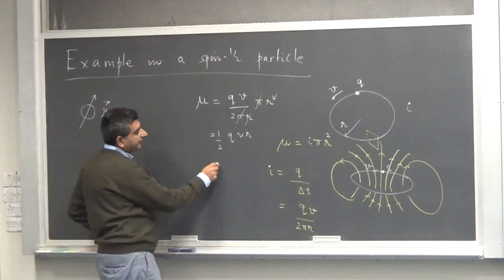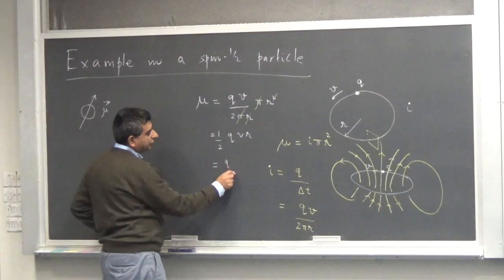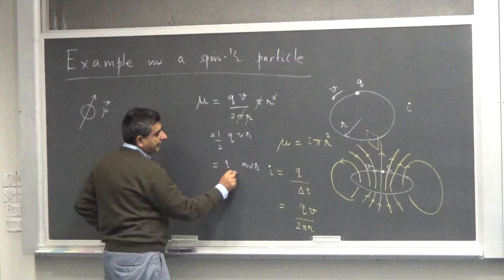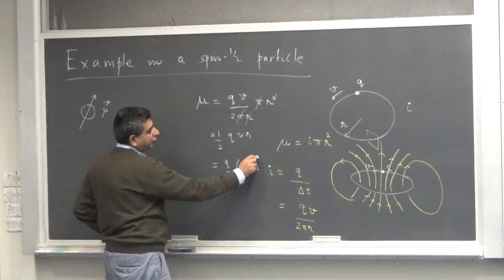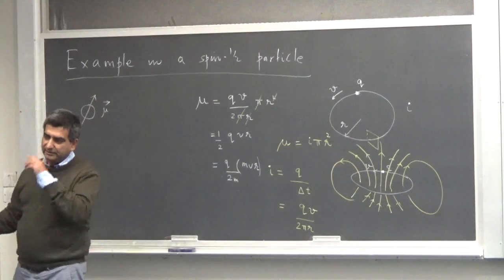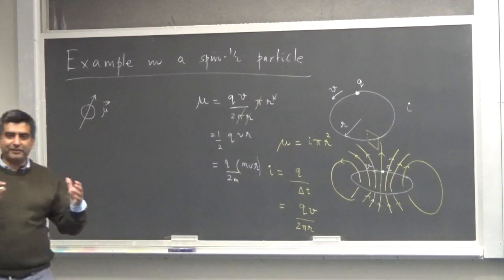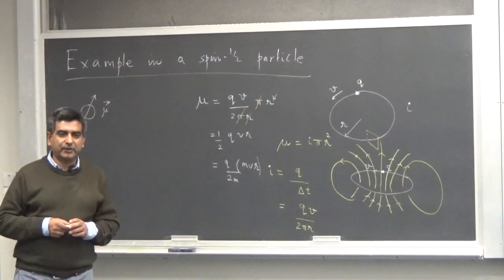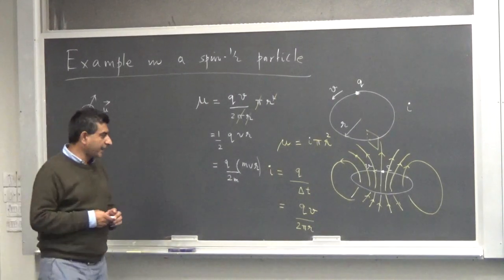And if I do something else, I make this Q over 2 and put an m v r and put an m here as well, it's not going to make any difference. So this product of mass, velocity and radius has a special name. What is that? It's called the angular momentum.